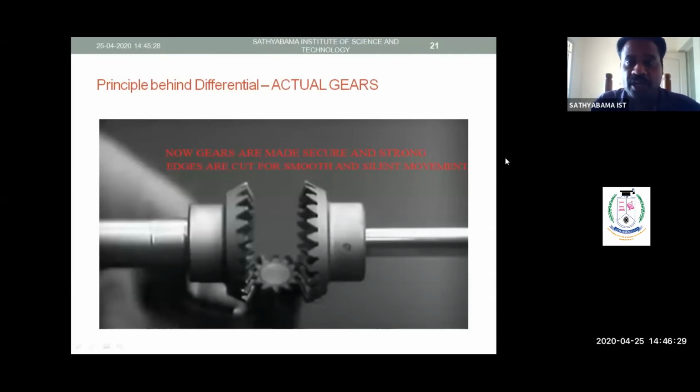Suppose if I am riding a car, I should not feel any noise. That is my main aim. For the customer's point of view, nowadays manufacturers have to satisfy customers; customer satisfaction is prime, and quality is what they are using. So edges should be cut for smooth and silent operation.